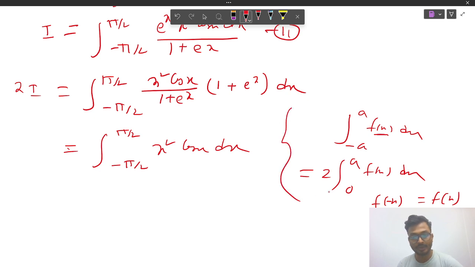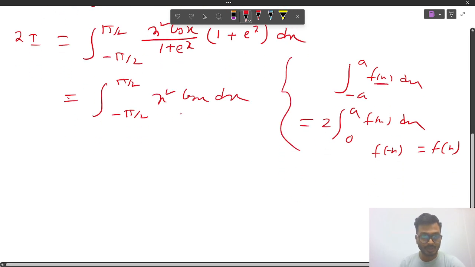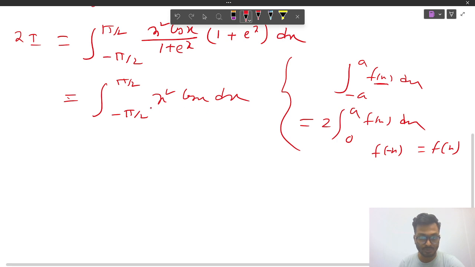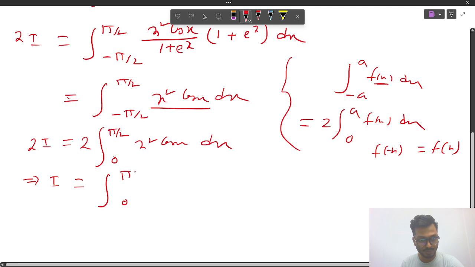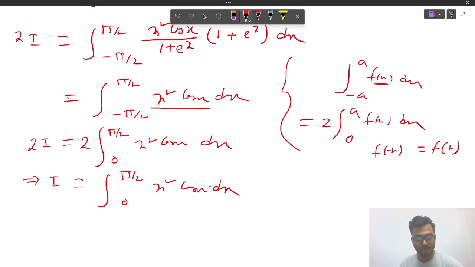This property holds here, since f of minus x equals f(x) is satisfied, that means this is an even function. So we can write 2 times integration 0 to pi by 2 x square cos x dx. This was 2I, so I equals the integral from 0 to pi by 2 of x square cos x dx.